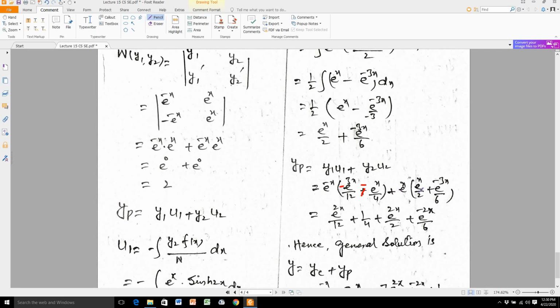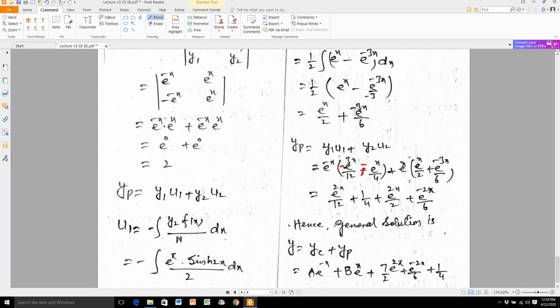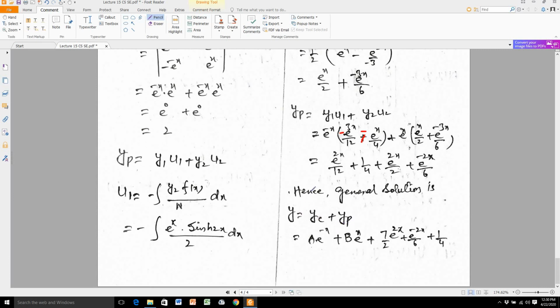Plus e raised to the power x, then e raised to the power x divided by 2 plus e raised to the power minus 3x divided by 6. So in this way I am writing this. Hence the general solution is y is equal to yc plus yp, and I am substituting here the respective values of yc and yp, and this is our final answer.